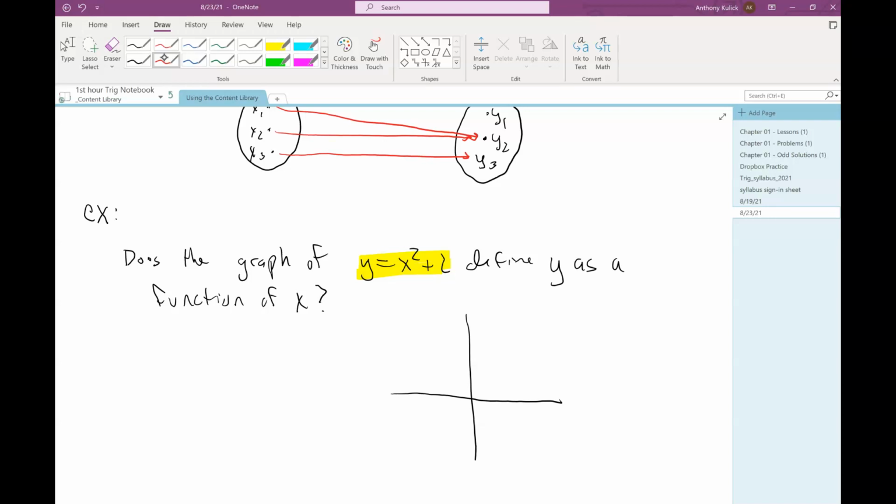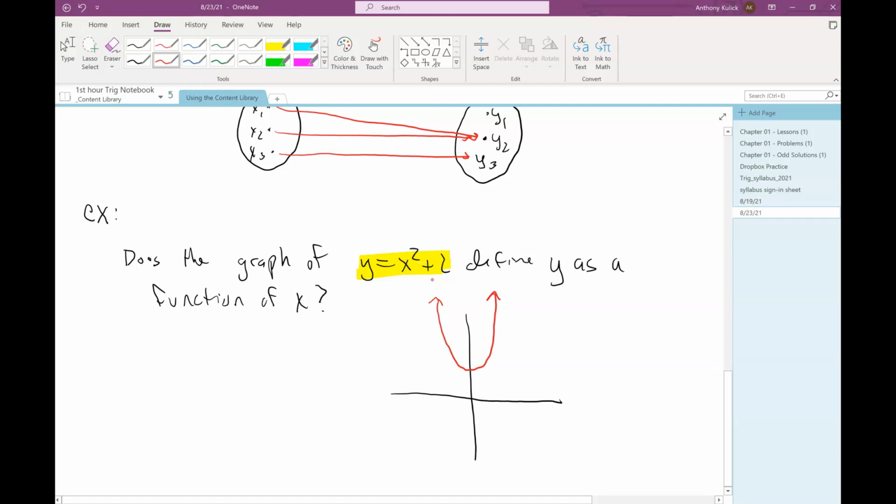In this case, the sign in front of the x squared is positive. Since there's nothing there, we understand it to be a 1x squared. So we know the parabola is going to open up. And because it's just got the +2 at the end, we know it's just going to be translated up 2 units, but that part doesn't really matter because any parabola that's opening up would be good enough for us to determine whether the thing is a function or not.